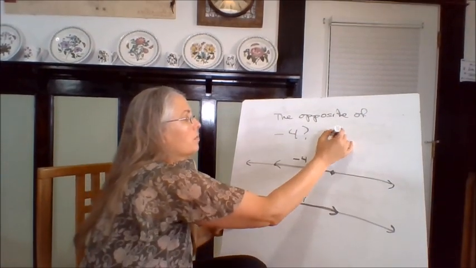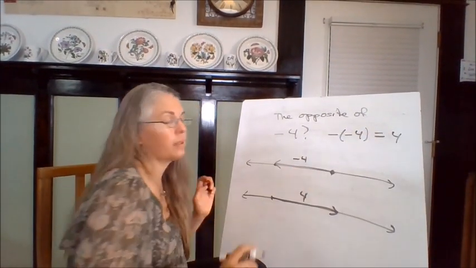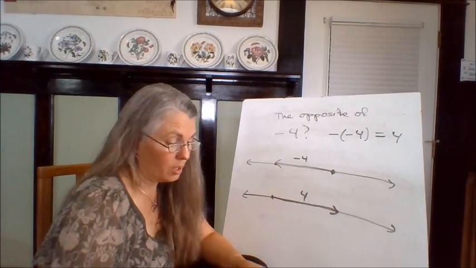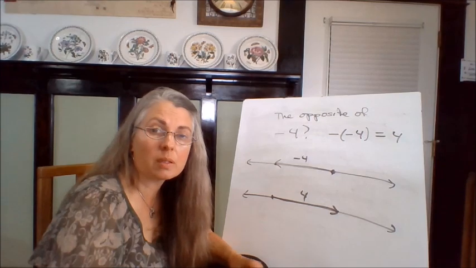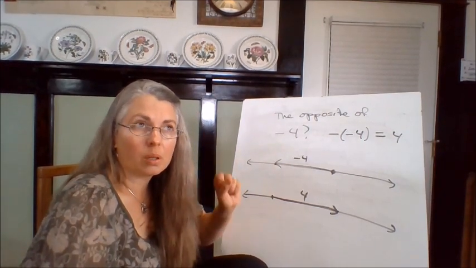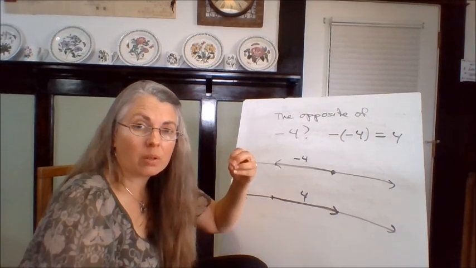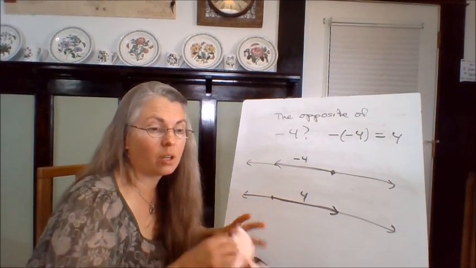So the opposite of negative 4 is that. Okay, so you might remember rules, like you see two negative signs right next to each other, it's a positive. Well, this is what it means, and I really encourage you to think about meaning, grounding your understanding in meaning rather than remembering rules, because you know what? It's actually easier.